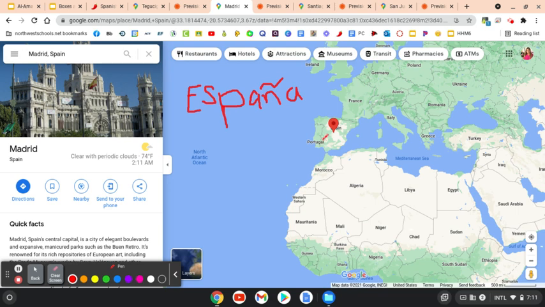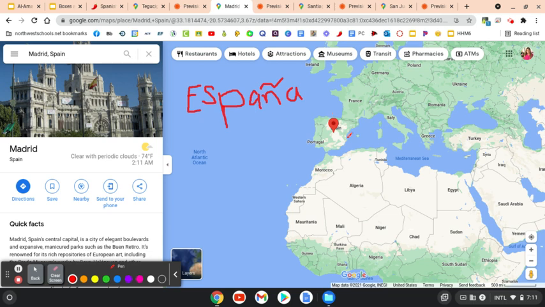Okay. Now, clase, Madrid es la capital de España. Madrid es la capital de España y clase España está en Europa.